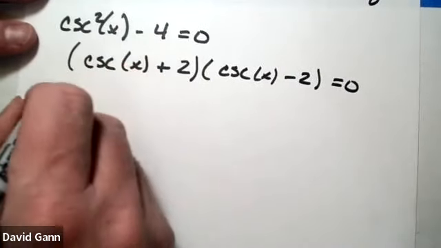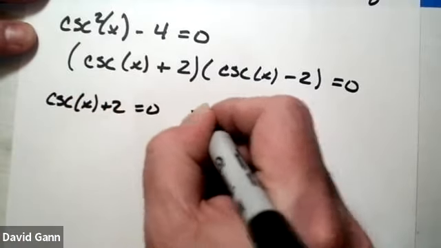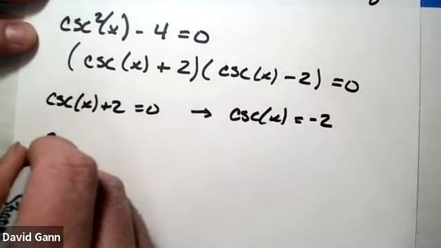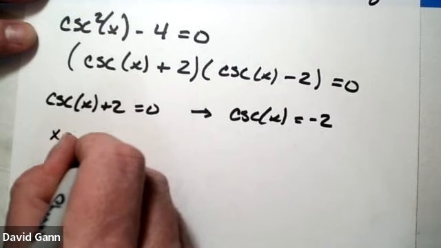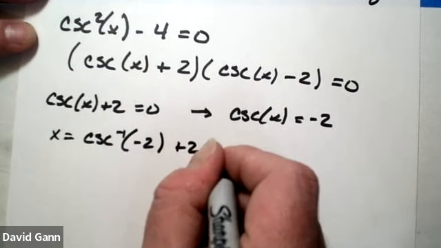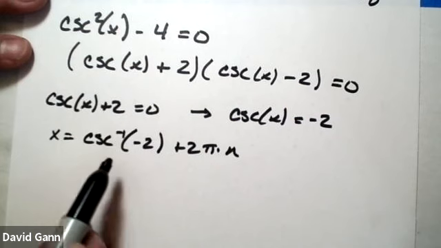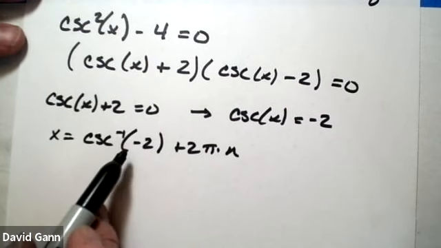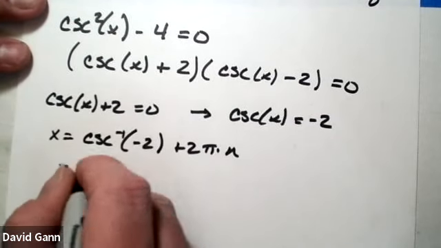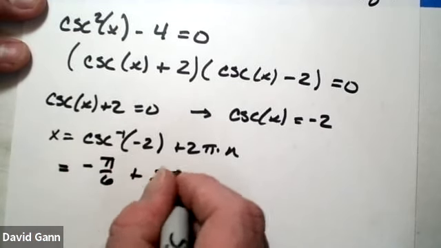So we've got two branches here: cosecant of x plus 2 equals 0, which gives you cosecant of x equal to -2. So x is equal to the inverse cosecant of -2 plus 2 pi times n. Now, cosecant of -2 occurs at the same angle where sine is -1/2, which is negative pi over 6 plus 2 pi times n.